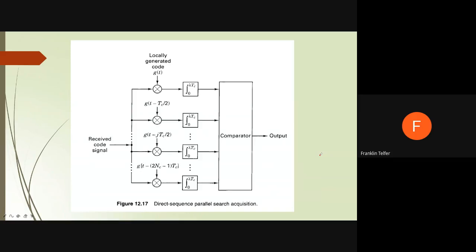The code has to be aligned properly at this output, but the output has a larger number of codes, and it makes sure all codes are positioned properly in parallel. They use the maximum likelihood algorithm to acquire these codes, so proper synchronization can be done with all the codes.